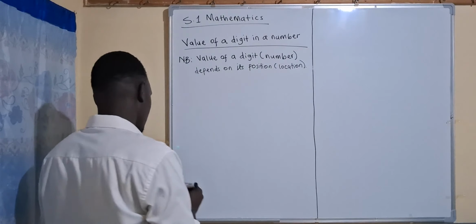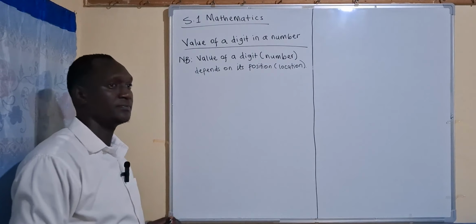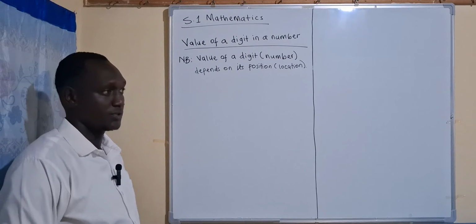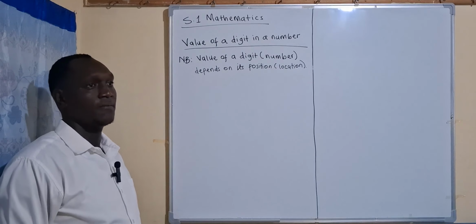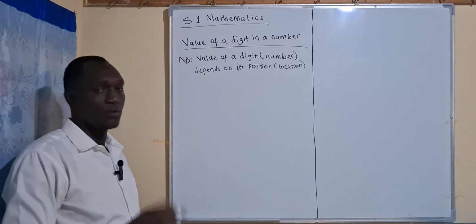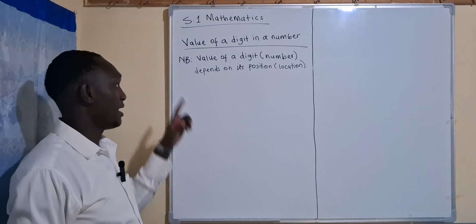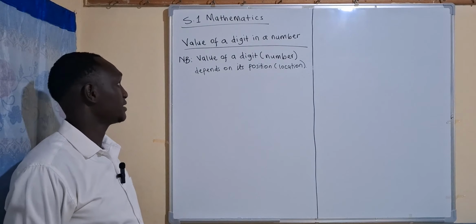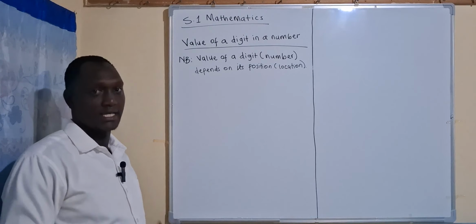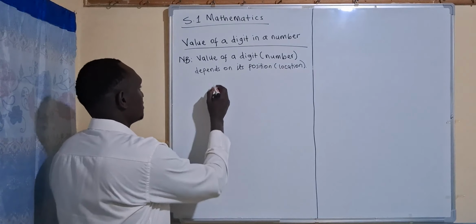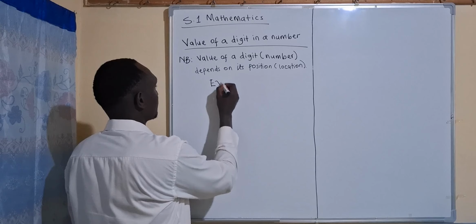The value of a number depends on its position. So we have looked at how we tell the place values or how we tell the position of a number, and now we are going to proceed to how we can get the value of a number in that given position. So let me start here with example 1.